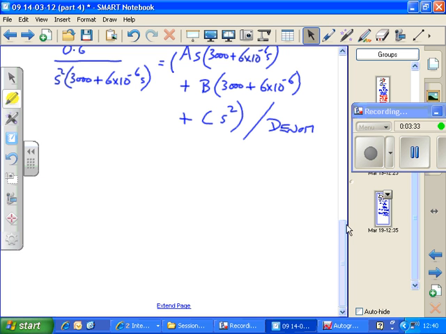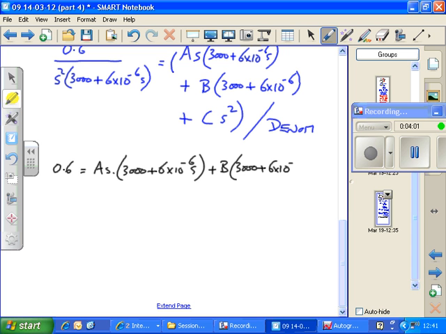So now we can equate the left and the right-hand side numerators, and we get that 0.6 equals AS times the bracket, which is 3000 plus 6 times 10 to the minus 6 S, plus B times 3000 plus 6 times 10 to the minus 6 S, plus CS squared. Now we have to multiply out and collect together terms involving S squared, terms involving S, and constants.